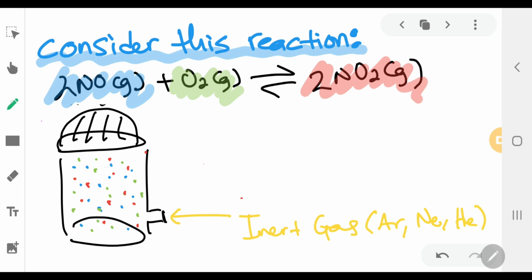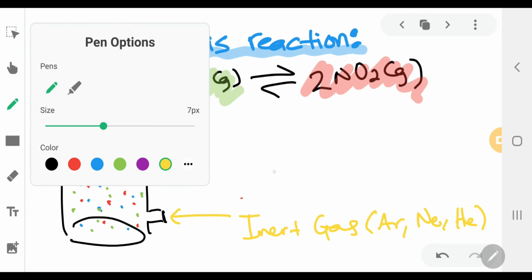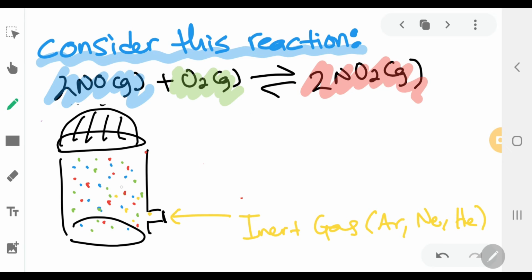So in this case, when you start to add inert gas, you will have the inert gas in the system. But when the inert gas is in the system, these gases will not affect all of this chemically. So you don't have NO reacting with the inert gas, or oxygen reacting with the inert gas, or even NO2 reacting with the inert gas.